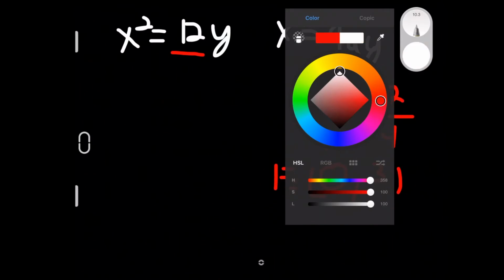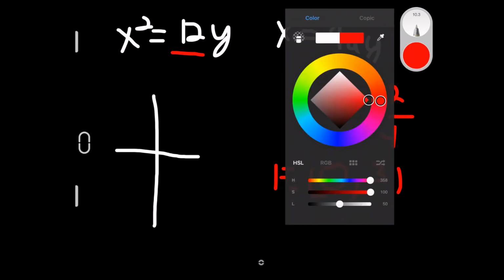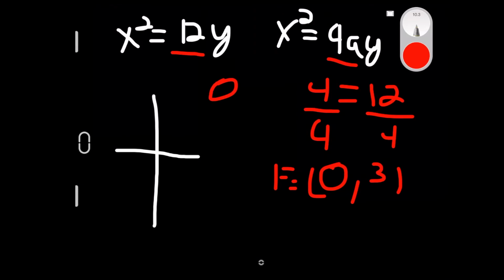Next up is graphing it. So here we are. Our vertex in this equation is 0, therefore it is right over here. And it was positive, so it goes upward.